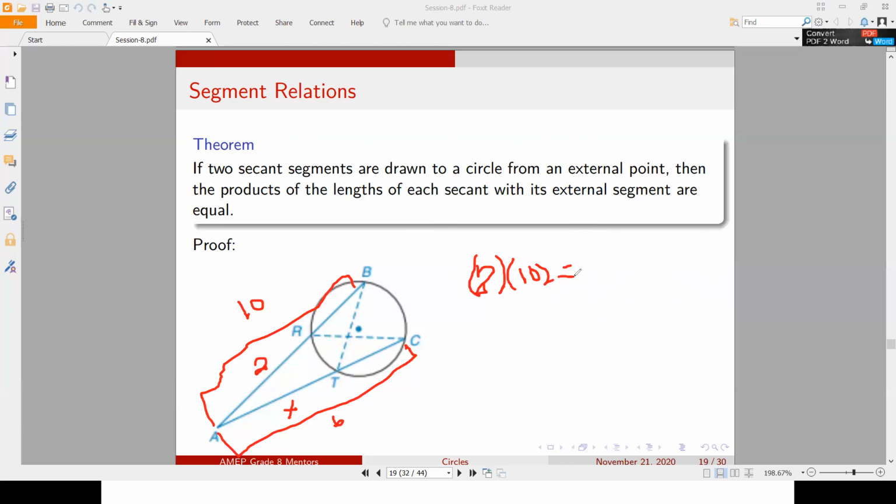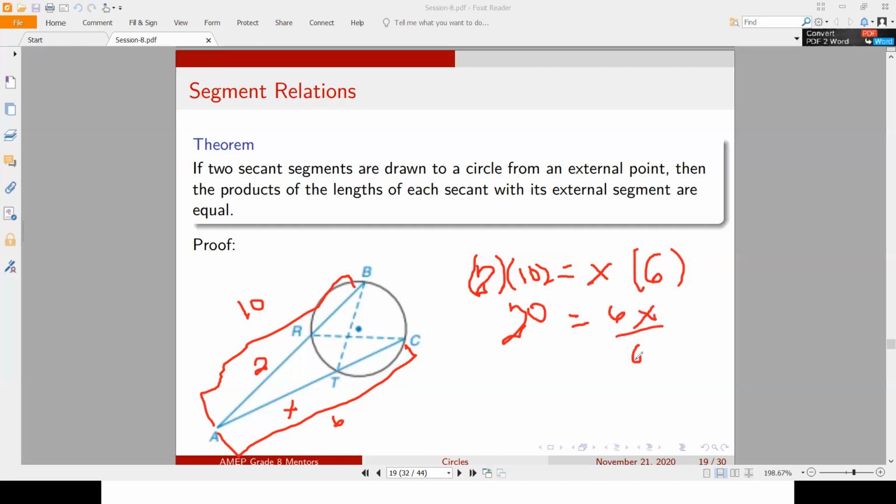Equals, what is the external part of AC? X, sir. It will be x times 6, which is the buong AC. So this is 20 equals 6x.